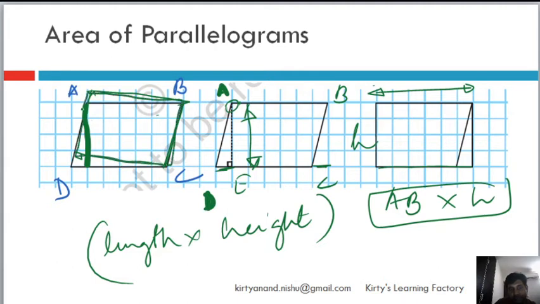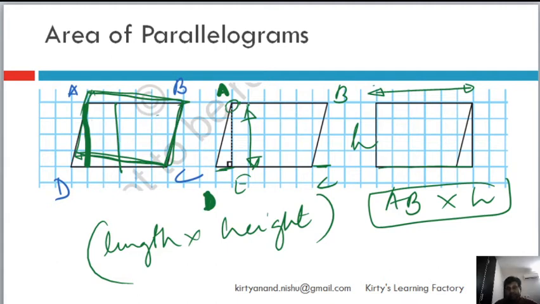In that case, the height will change. You will not consider this height. You will have to consider the height between the two sides. So if I am taking the length of side BC, then I have to take the height from BC to the opposite side. Then I can't consider this height.